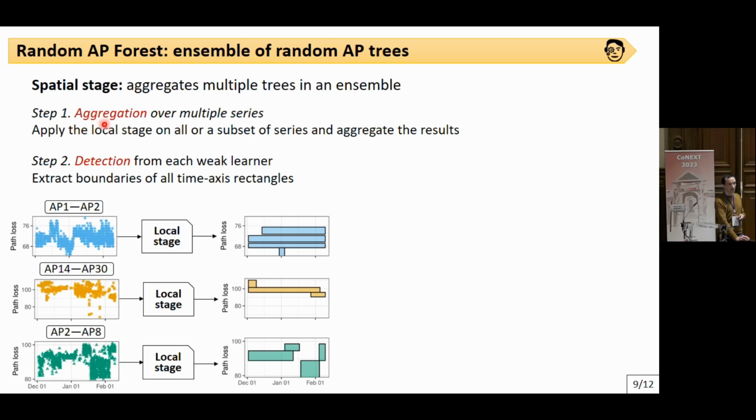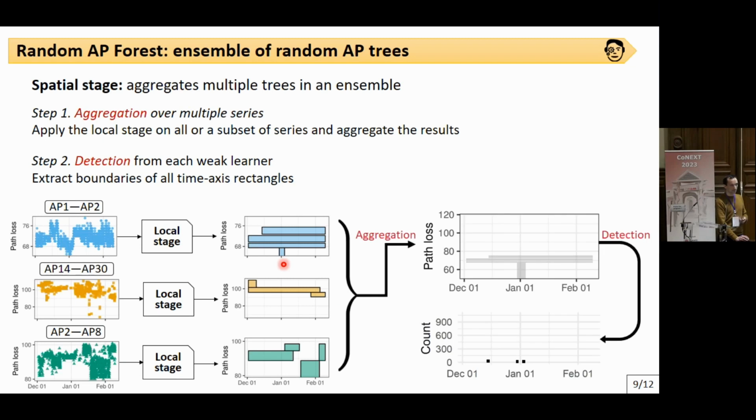We have the aggregation, which is to just apply this local stage that we just showed before, series by series. And then we extract the boundaries of all time axis rectangles, that is the elements here over time. So in practice, we can show step by step what we did.